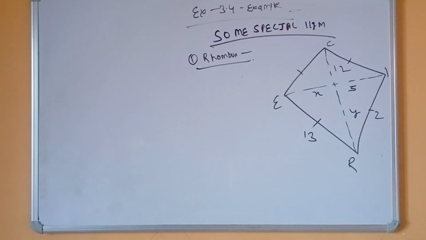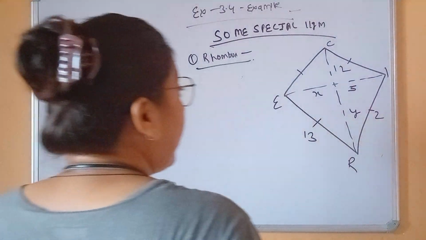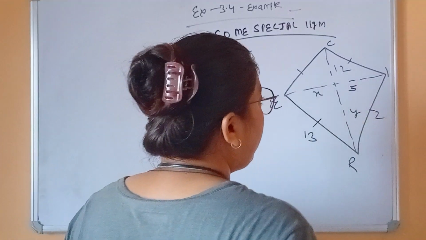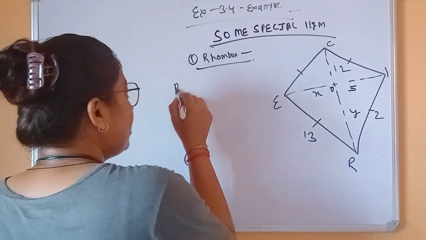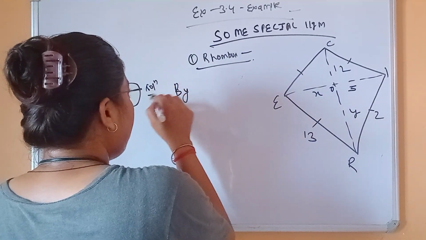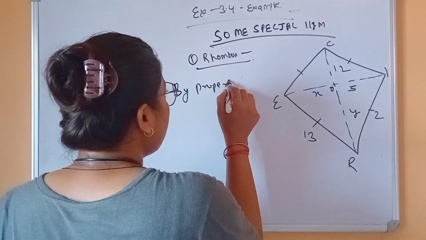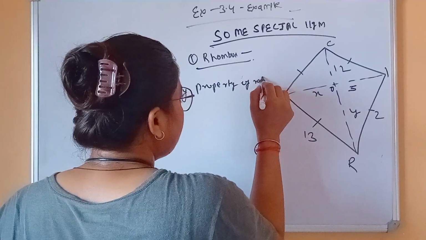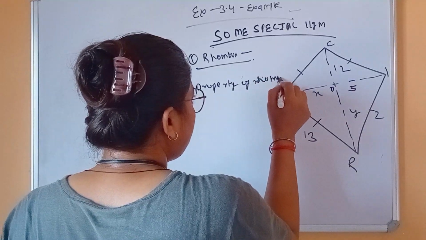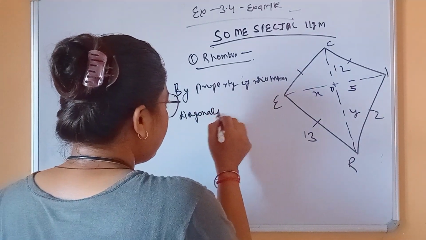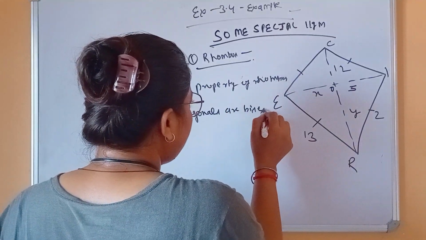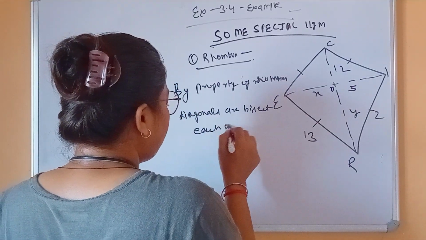Okay, we saw the property here. So write here, by the rhombus property, you know that the diagonals bisect each other. So by the property of a rhombus, diagonals bisect each other.